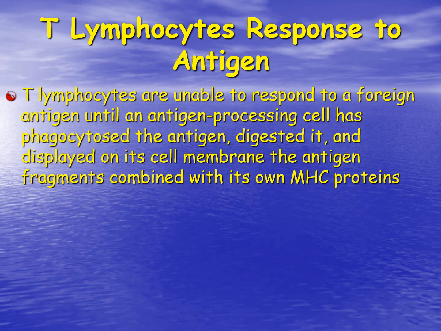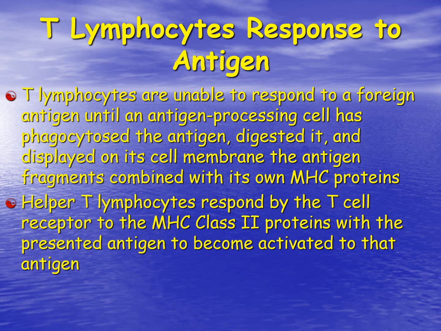T lymphocytes are unable to respond to a foreign antigen until one of these APCs has phagocytized the antigen, digested it in the phagolysosome, and displayed it on its cell membrane on one of the classes of MHC proteins. Since this would be a foreign antigen in this case, it's going to be displayed on an MHC class 2.